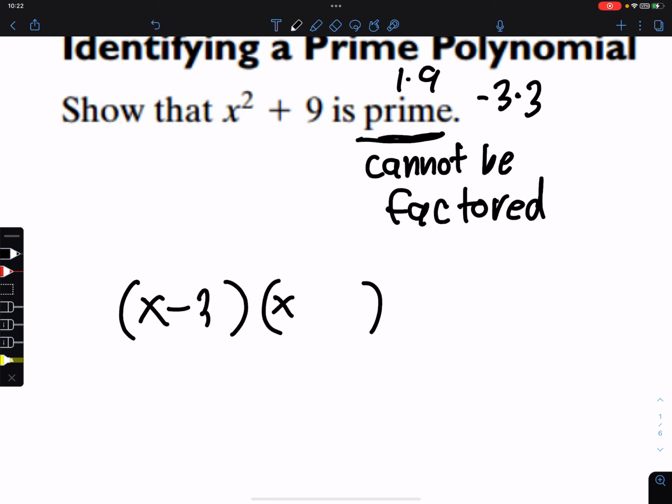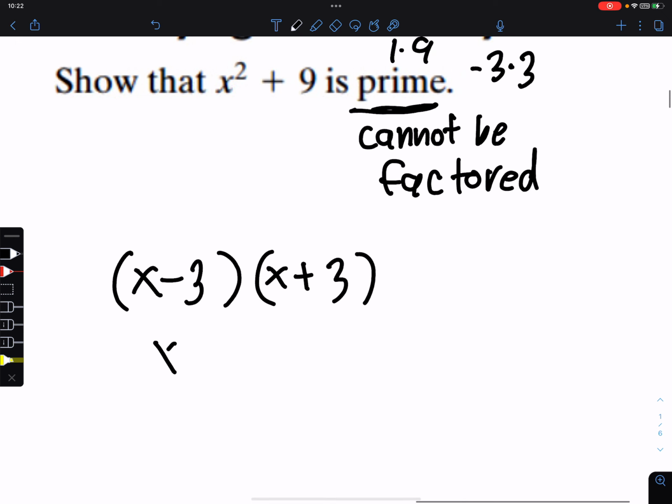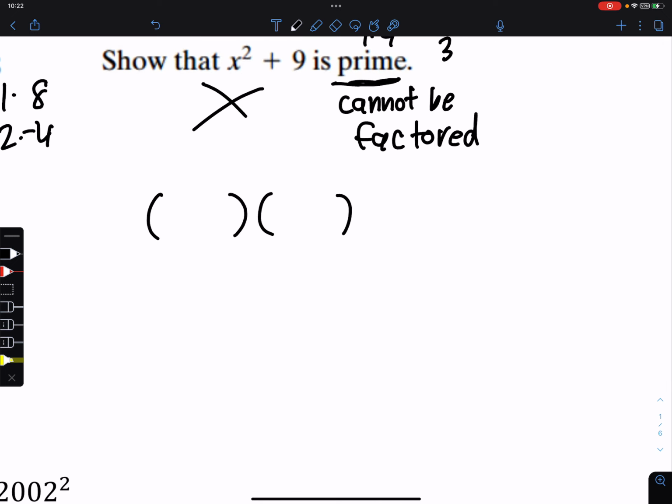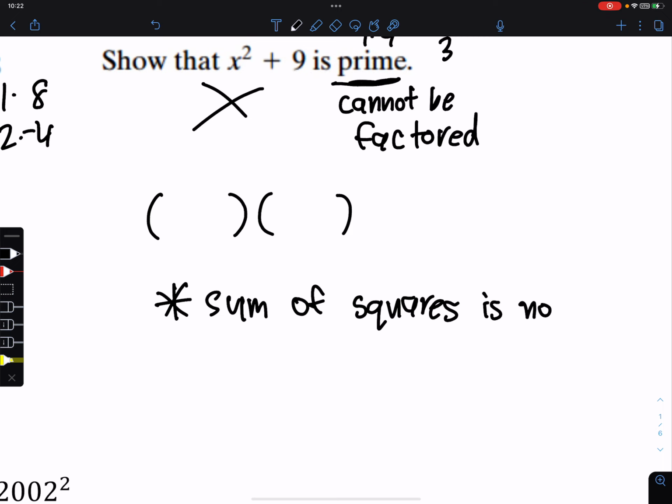But then we get the difference of squares, and if you follow this out, you would get x squared minus 9, and we need a plus 9, not minus 9. And so this cannot work. So write this as a note: sum of squares is not factorable.